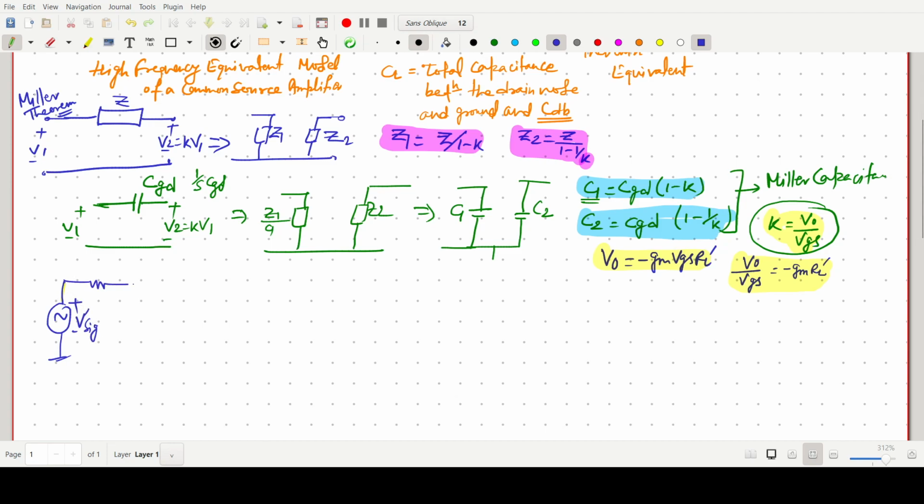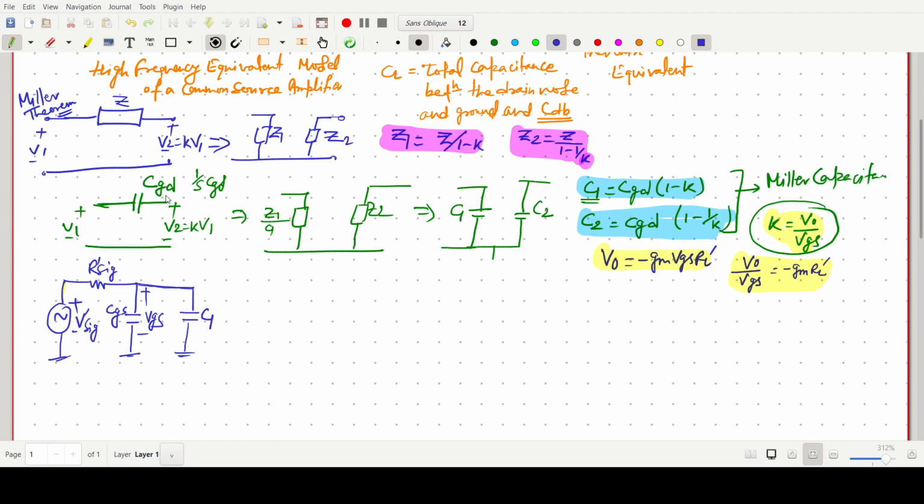This one is R signal dash, and this one is our CGS, gate to source capacitance, which is already there, and this voltage is nothing but simply our VGS, and we are also adding one capacitor, that is our C1, because this C1 is the bridging.